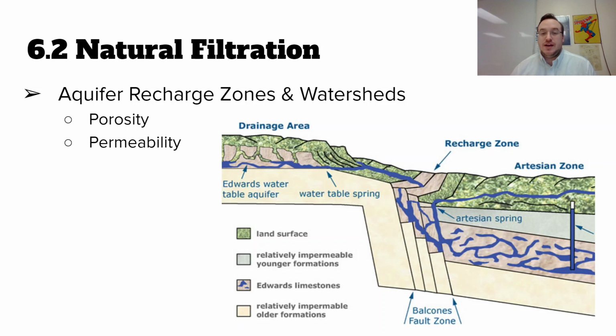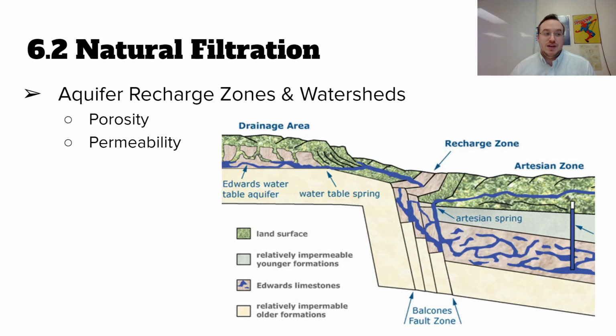So if you think about a cup of sand versus a cup of gravel, the gravel is going to have more empty space between all the individual little rocks versus the air that's in between the individual grains of sand, right? And similarly, if we were to pour water through both of those, the water itself would have different speeds at which it can move through that gravel or the sand. And that's permeability, all right?